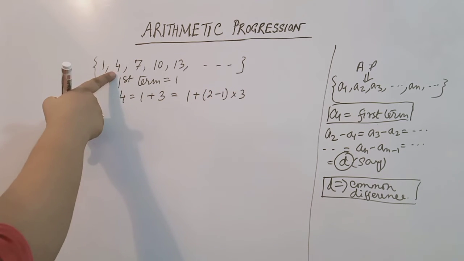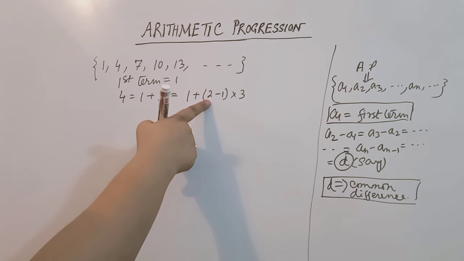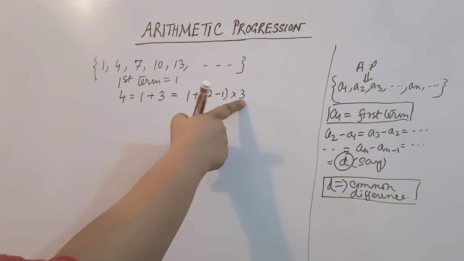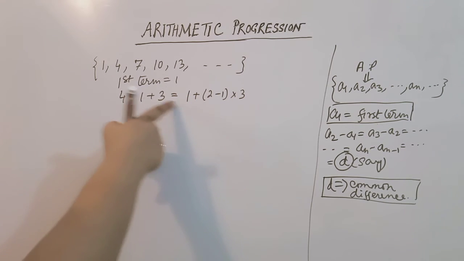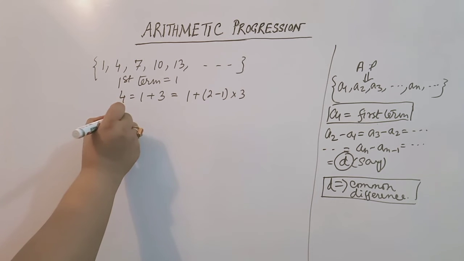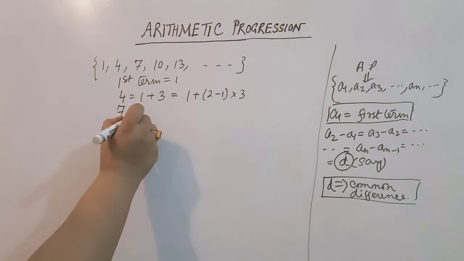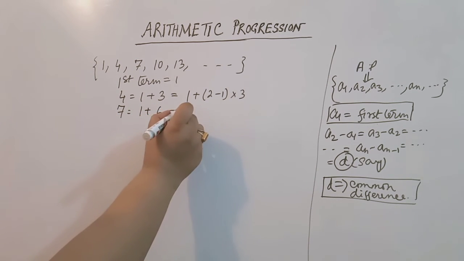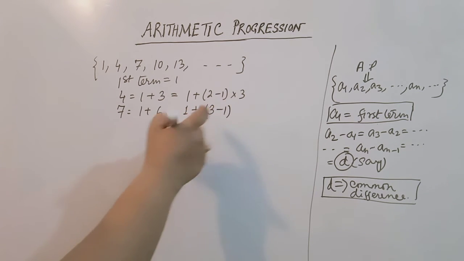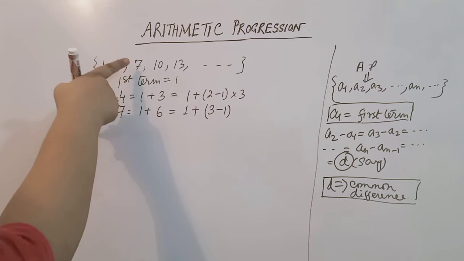Because 4 is the second term, so that's why the position of 4 minus 1, into the common difference, that is the fixed number, plus 1 will also give us the second term. Considering the third term, it can also be written as 1 plus 6 and can also be written as 1 plus (3 minus 1) into 3, because the position of the term 7 was third.